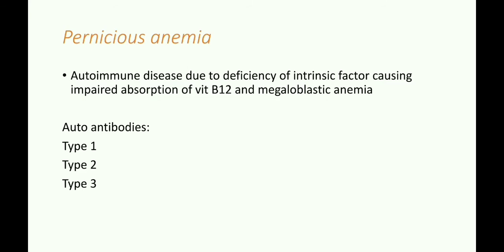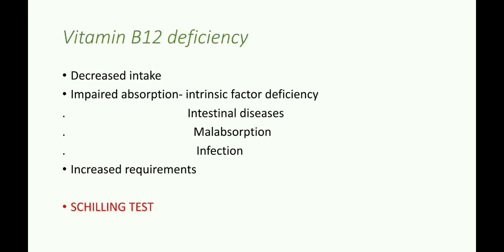Now let us see what are the different causes of vitamin B12 deficiency. It can be due to decreased intake, decreased absorption, or increased requirement. When we talk about decreased intake, especially for people who have vegetarian food, they can have decreased intake of vitamin B12.